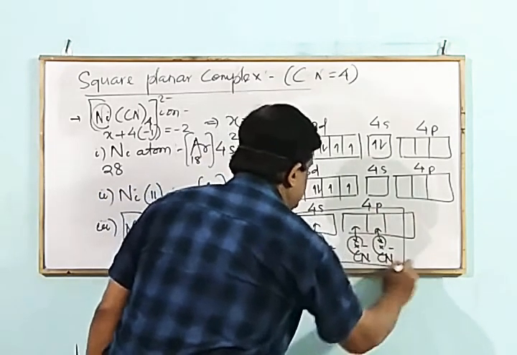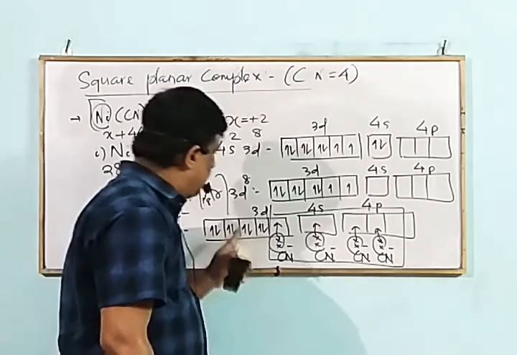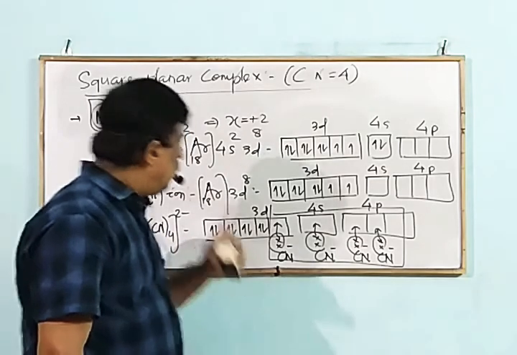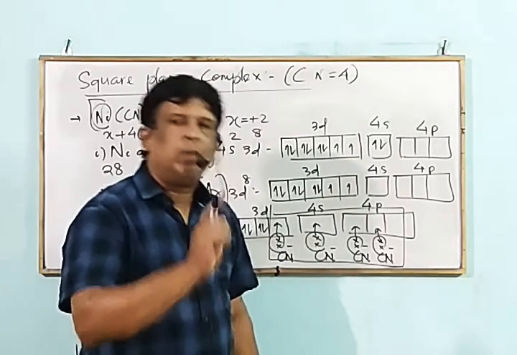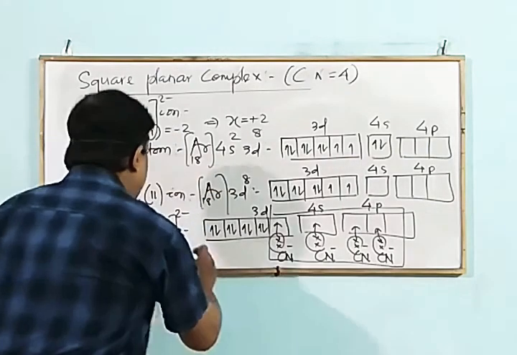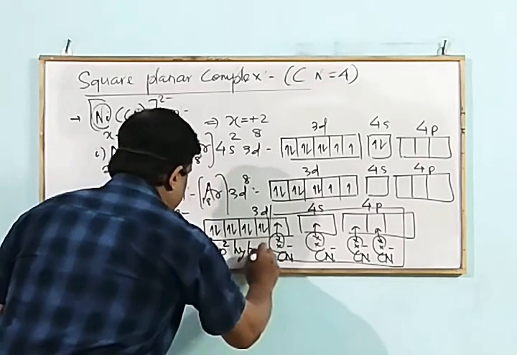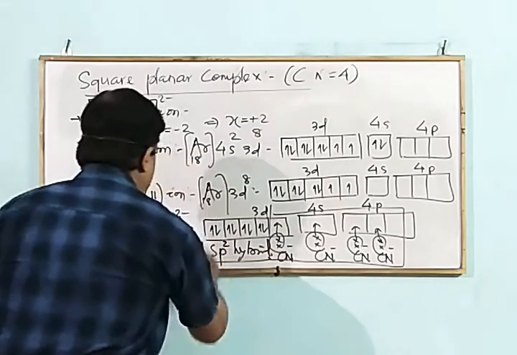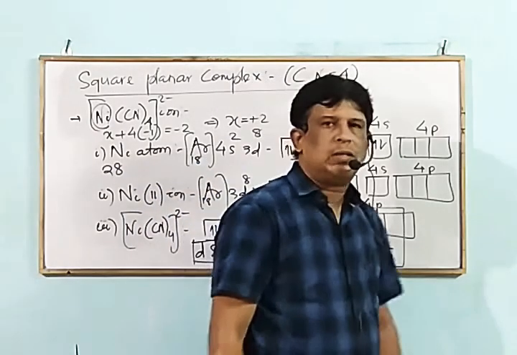So from this discussion it is clear that one 3d orbital, one 4s orbital and two 4p orbitals get intermixed, resulting in the formation of dsp2 hybridization. That is, the expected hybridization is dsp2 hybridization.